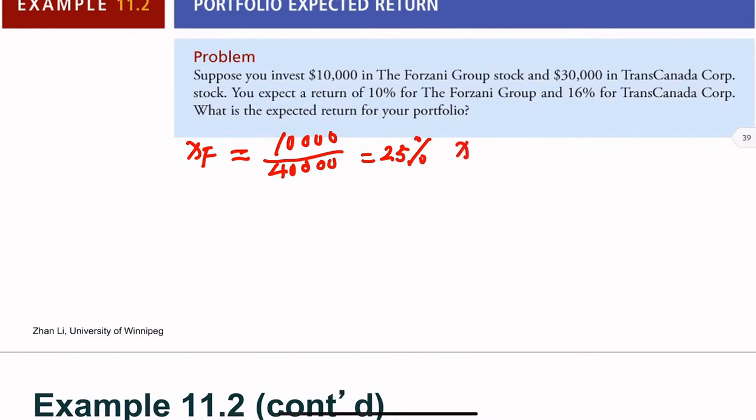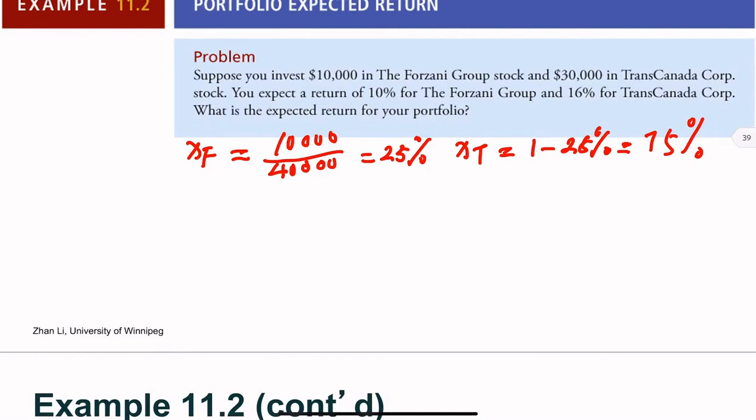And then for the second firm, which is TransCanada, let's call TransCanada's weight XT. So XT is 1 minus 25%, which is 75%, right?